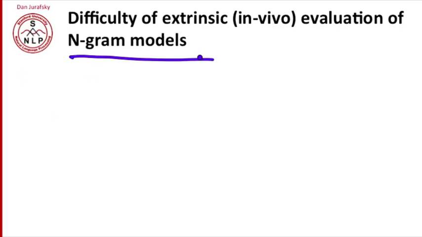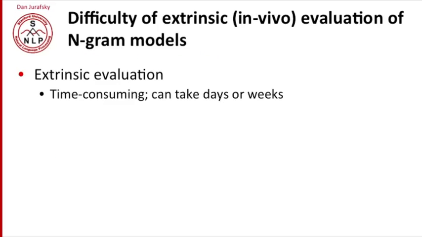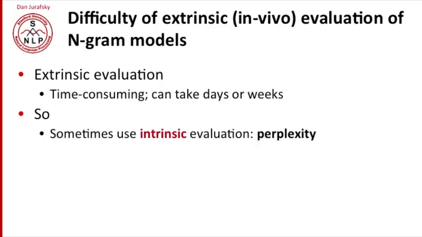The problem with this kind of extrinsic evaluation, it's also called in vivo evaluation, is that it's time consuming. In many cases, this can take days or weeks. For a modern machine translation system or a modern speech recognition system, running evaluations can often be extremely slow. So instead, what we sometimes use is an intrinsic evaluation, something that's intrinsically about language models themselves and not about any particular application.